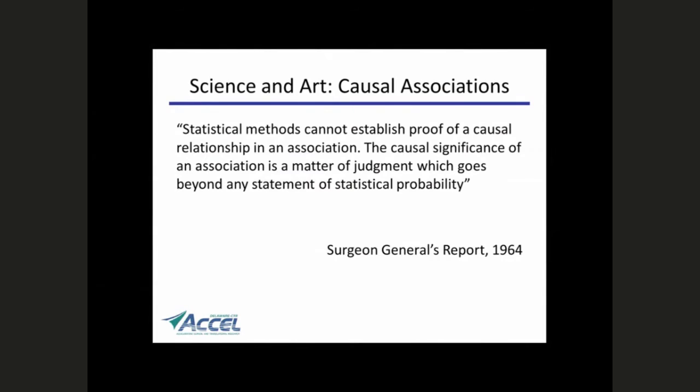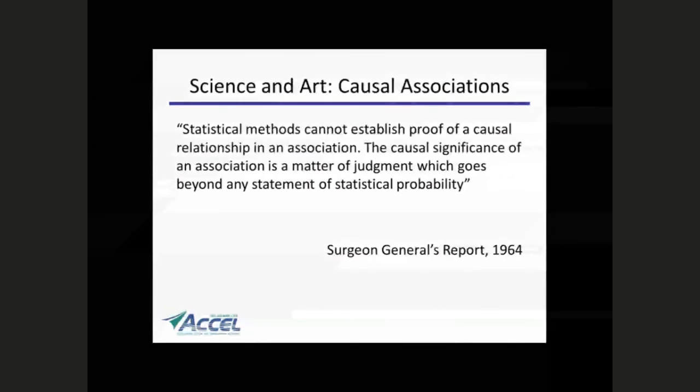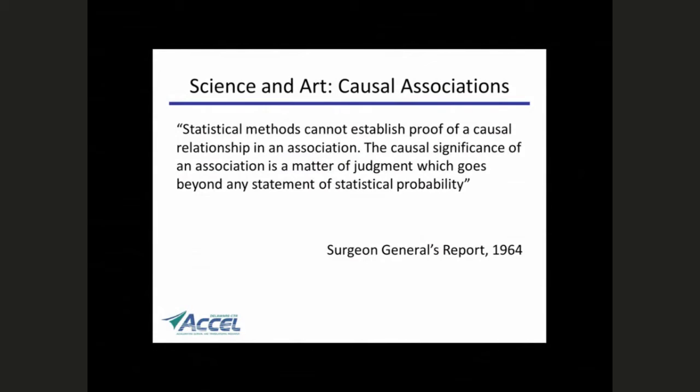Causality is not necessarily implied from correlation. You have an association, it doesn't mean it's causal. If I have an umbrella with me and then it rains, it doesn't mean my umbrella caused rain. It just means that when there's rain, people are more likely to have umbrellas. But thinking about the causal significance of an association is really a matter of judgment.